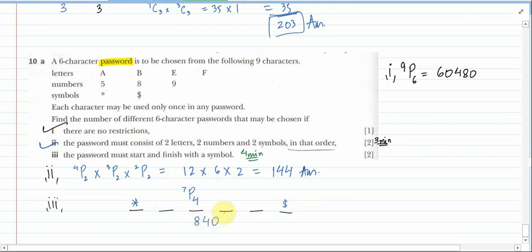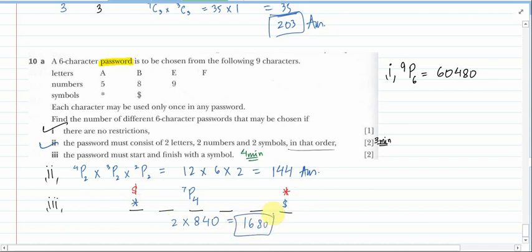The first one I have already shown on the screen, but for the next one we have either dollar on the first one and asterisk on the last one. So now we have 2 cases, so you need to multiply your answer by 2. So it will be 2 times 840, which leads to 1680, and that is your final answer.